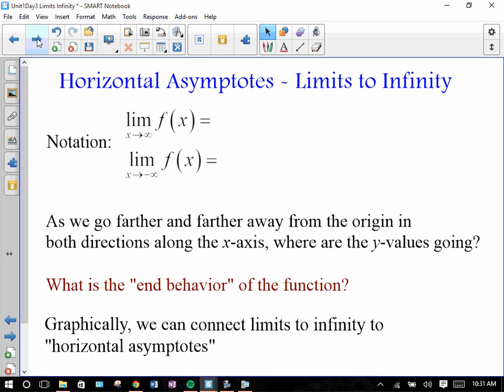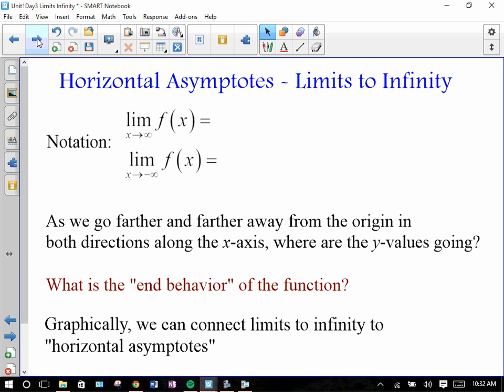The notation that you're going to see is the limit as x approaches infinity of f of x equals, and the limit as x approaches negative infinity of f of x equals. A lot of times you will get to where it equals a certain number, and other times it equals infinity or negative infinity.